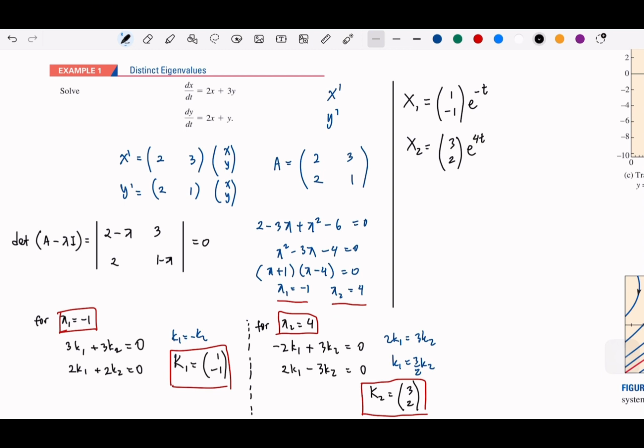And of course, e to the 4t and e to the negative t are linearly independent. We can write the whole solution as c1 x1 plus c2 x2. So c1 times 1, negative 1, and so on. This will be the general solution.